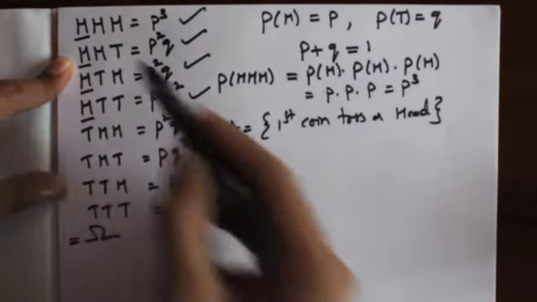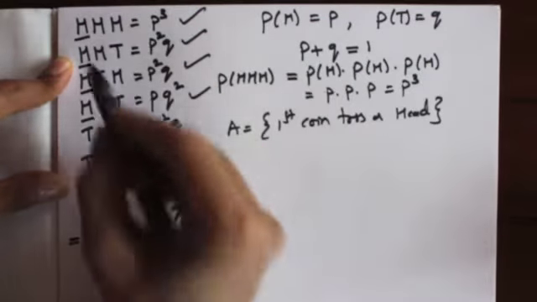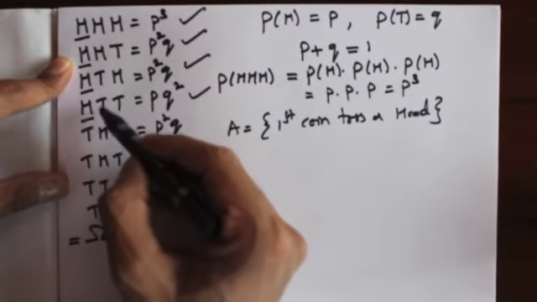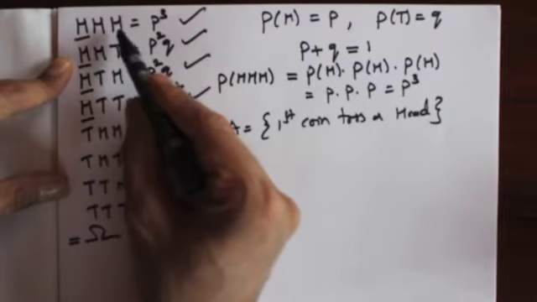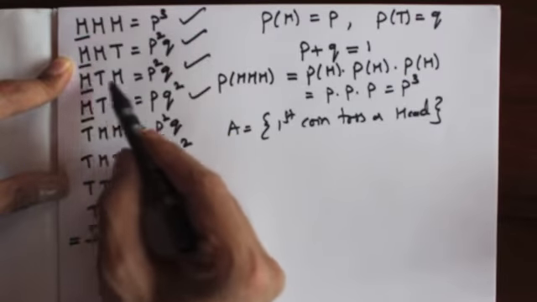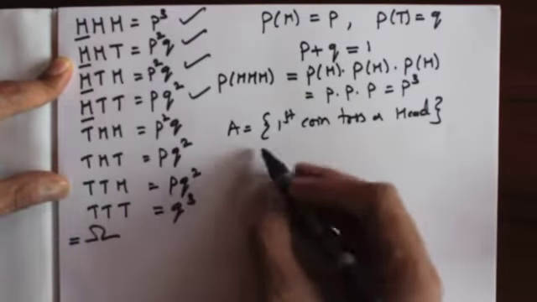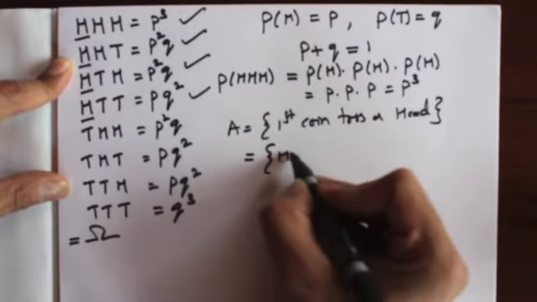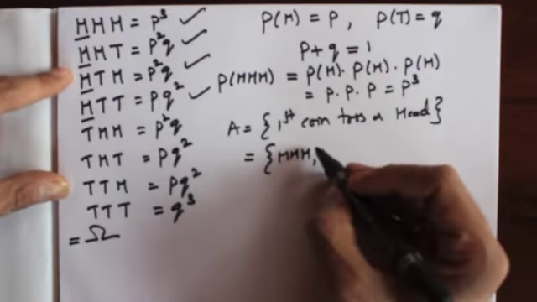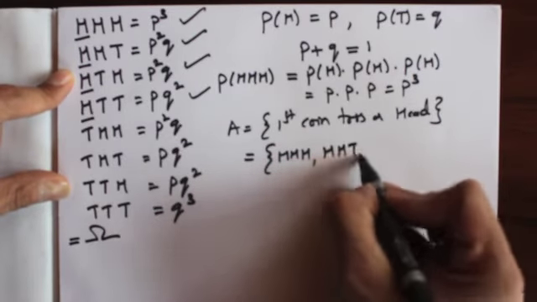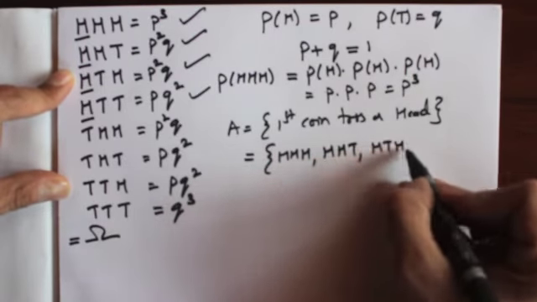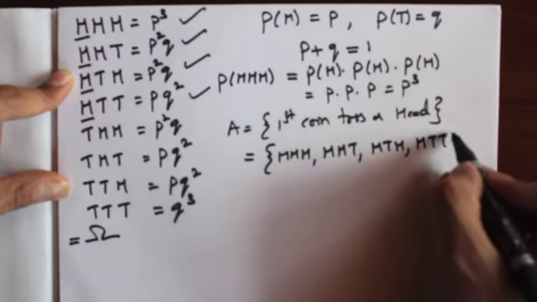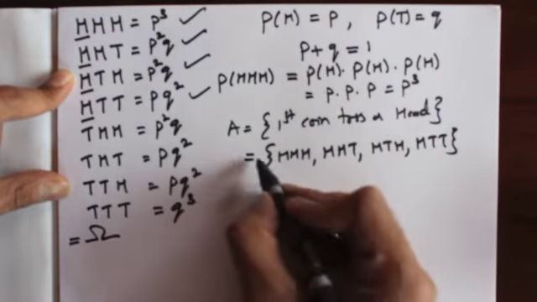So when we say first coin toss a head, we are interested in finding probabilities of getting either a head head head or a head head tail or a head tail head or a head tail tail. So this is same as a subset containing the following outcomes: head, head, head, head, head, tail, head, tail, head, and head, tail, tail. So this is the subset that we are interested in.